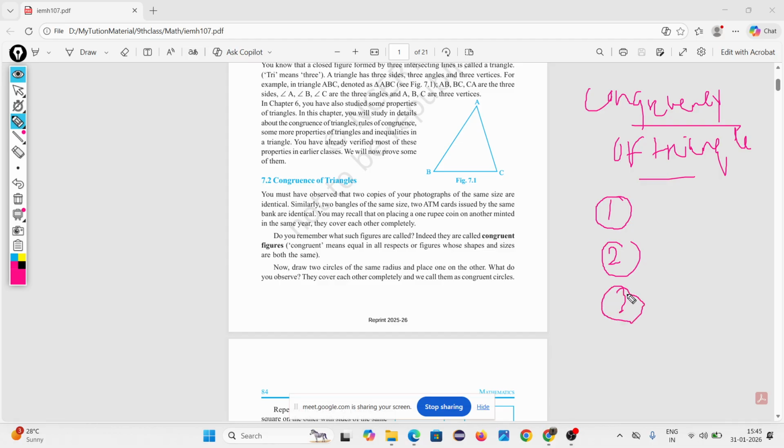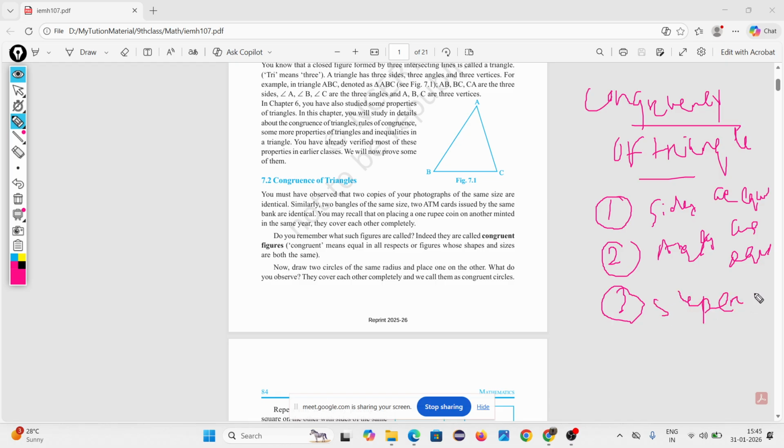But when the triangles are said to be congruent: if their sides are equal, otherwise angles are equal, or they can be superimposed on each other.